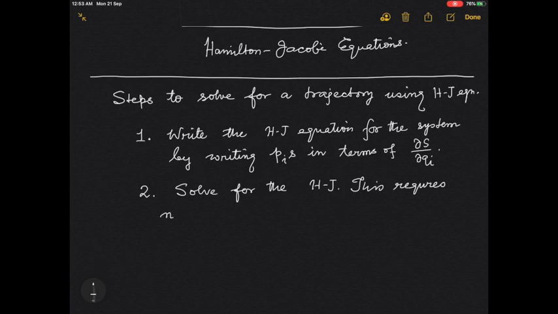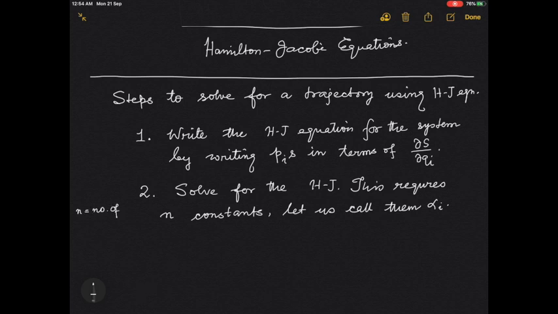The second step is solve. This requires, as we discussed before, n constants, let us call them alpha i. Okay, so I need n constants to solve these equations.